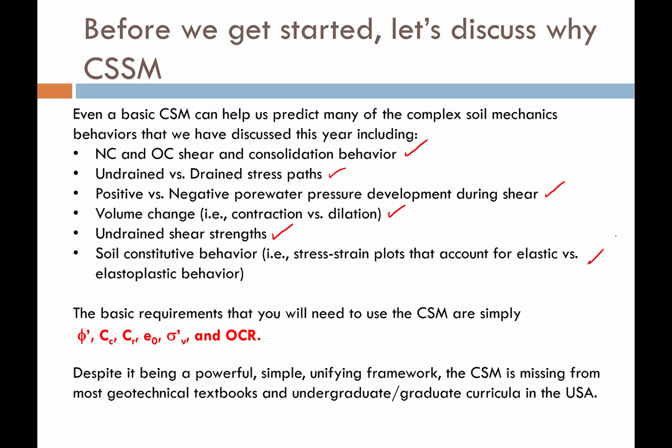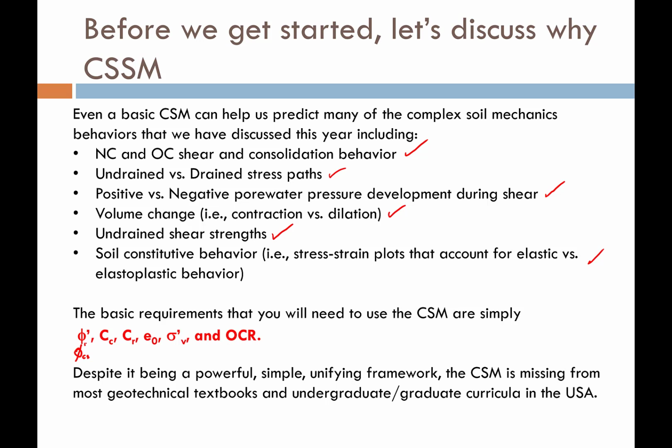And these terms should all be familiar to you. We have the friction angle, but remember, this isn't the peak or the softened friction angle. That's the critical state friction angle. So you'll see it like this, phi sub CS, meaning the critical state friction angle. You have C sub C, which is the slope of the virgin compression line.